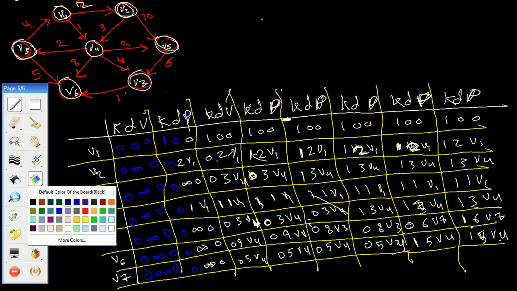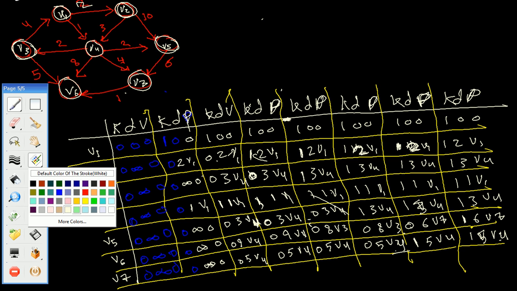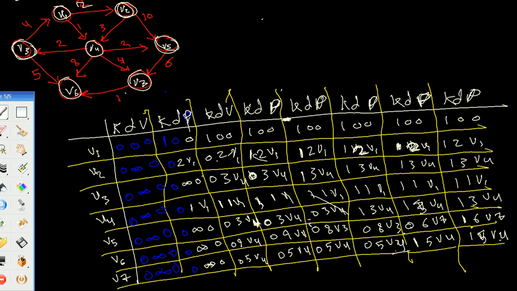The first step is V1 to V2, and V4 to V3, and V1 to V4.